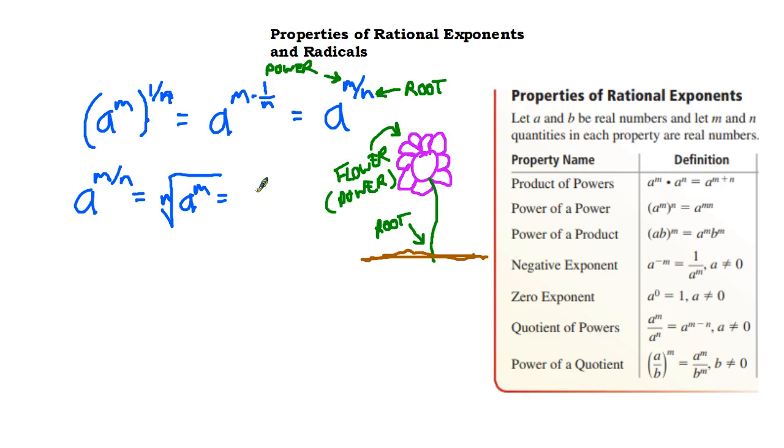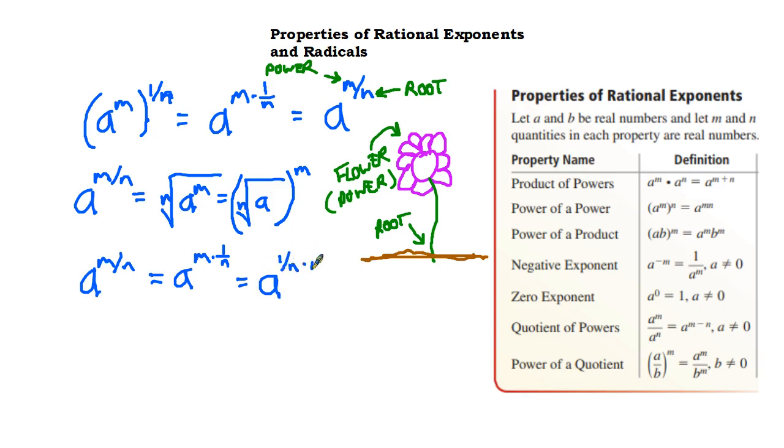We could rewrite it with the nth root of a inside a big set of parentheses, and then put the power of m there. We can write it either way, because a to the m divided by n could be written as m times 1 over n, but it could also be written as a to the 1 over n times m. In one way you're doing the power first and then the root, and the other way you're doing the root first and then the power. So these are all possibilities.